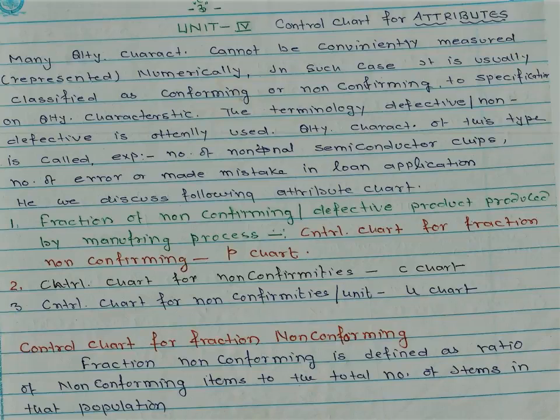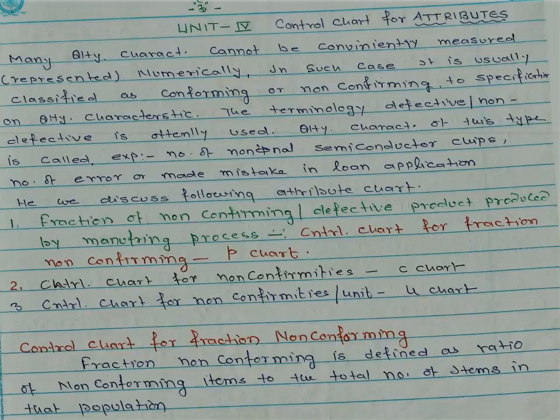So we have to point out the various spots where the color is not uniform. These are quality characteristics that we can assess, but they cannot be measured numerically. In such situations we use the control charts known as attribute charts.